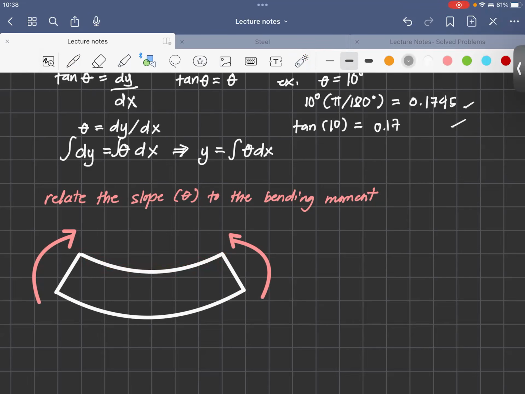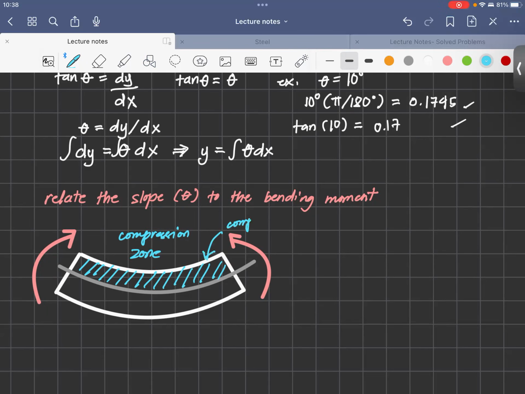Let's add labels. Say this is the top part here; we're going to call it the compression zone. Compression zone means it is compressed, so the fibers become shorter.